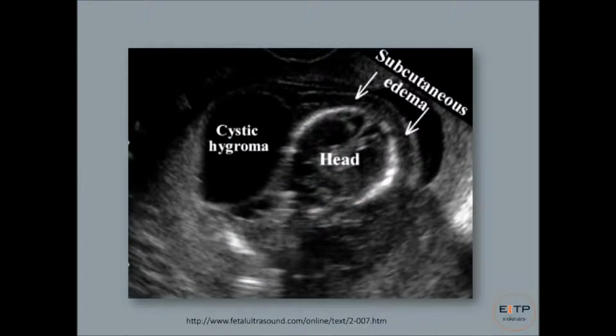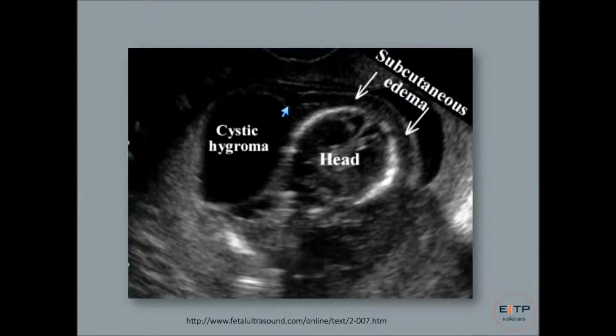I mentioned that it can be diagnosed prenatally, and this is an ultrasound of a child with Turner syndrome. The things that we see here that point to a diagnosis are subcutaneous edema, or swelling under the skin. This white circle here is the baby's skull, here's the baby's brain, and this fainter white line is the skin, and so you see swelling under the skin.